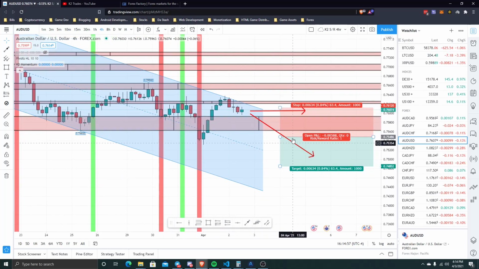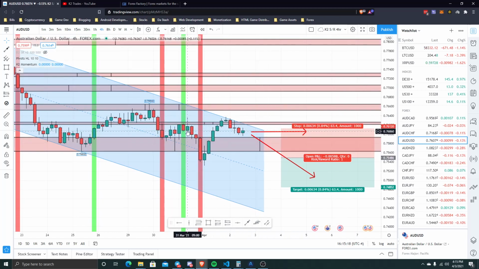So like I said, I won't take any trade until price actually hits below this point, and I might even wait a little bit to see if price continues before shooting back up, because this was a false breakout here. And the only reason it was a false breakout was the news.